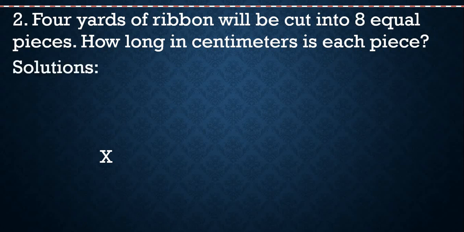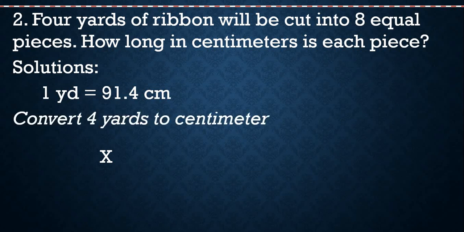So, our goal first is to convert yard into centimeter. Okay? 1 yard is equivalent to 91.4 centimeter. So, let us convert 4 yards to centimeter. So, 4 yards times, okay, 91.4 centimeter over 1 yard.